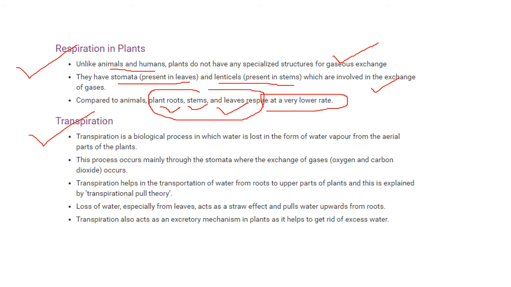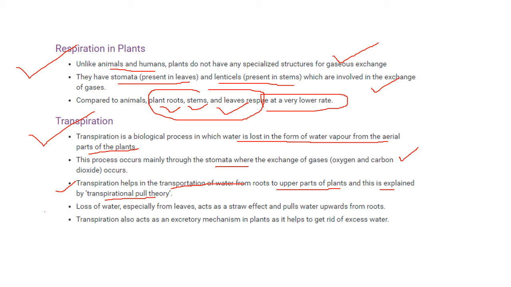Then transpiration is a biological process in which water is lost in the form of water vapor from the aerial parts of the plants. The process occurs mainly through the stomata, where the exchange of gases, oxygen and carbon dioxide, also occurs. So transpiration helps in the transportation of water from the roots to the upper parts of the plants, and this is explained by the transpirational pull theory.